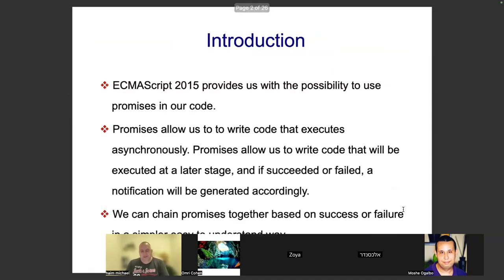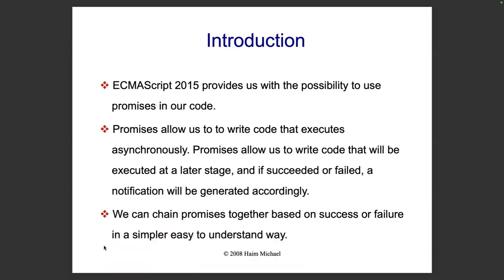Okay, then. So as of ECMAScript 2015, ES6, we have the promise constructor function. And if you check the MDN, you will find that you can easily create a new object using the promise constructor function. You just need to pass over a function.